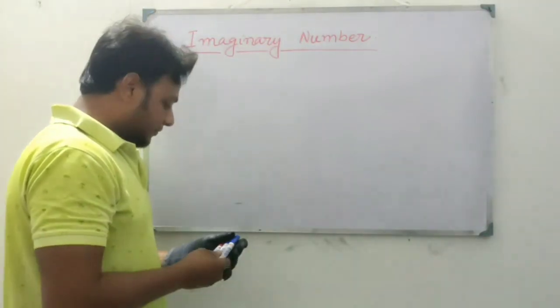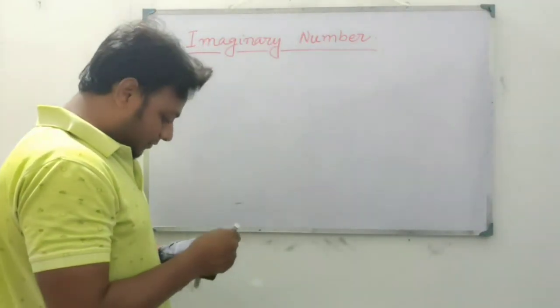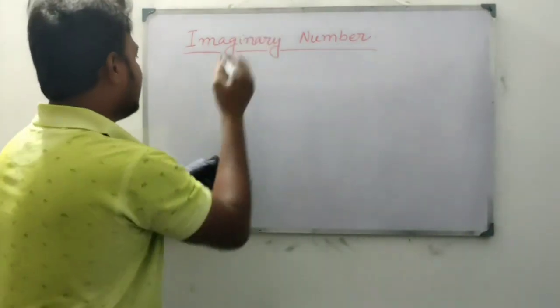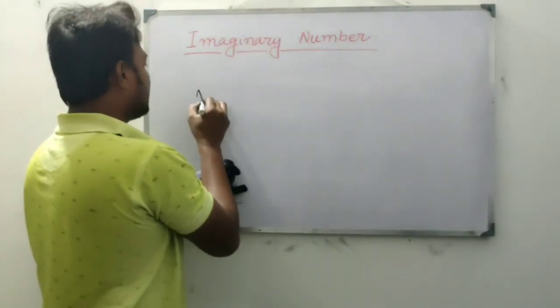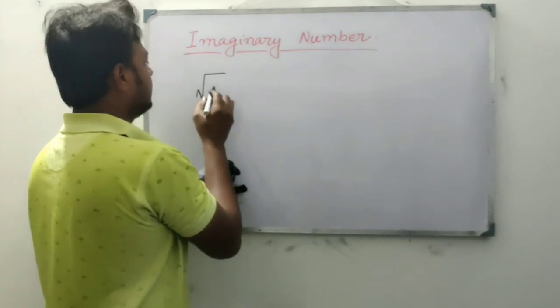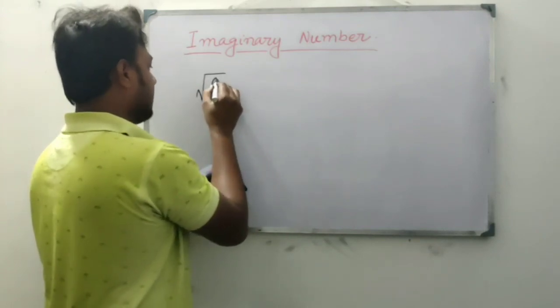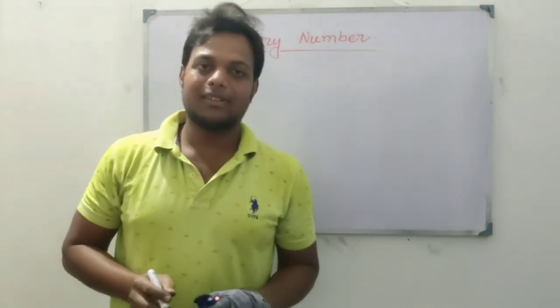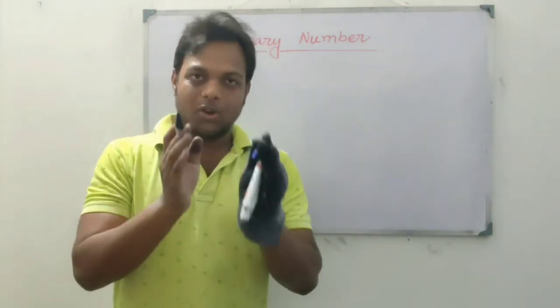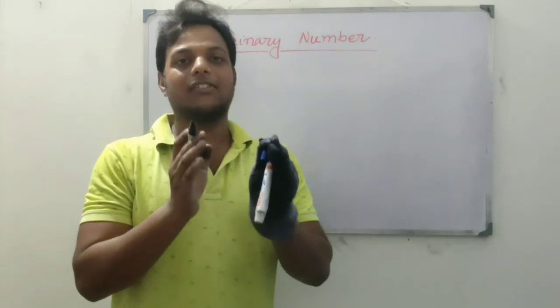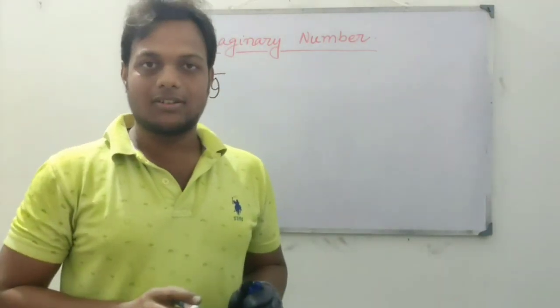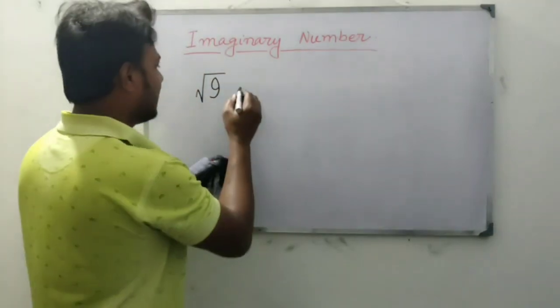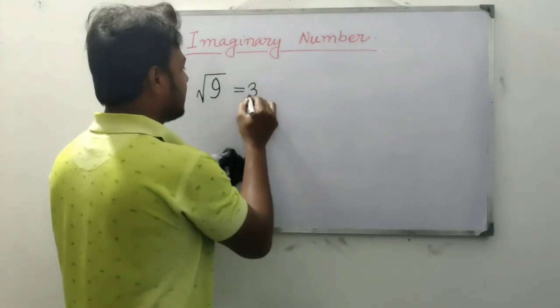So let's start. Suppose I am asking you what is the value of square root of 9? I am sure all of you will give the same answer, and the answer is obviously 3.